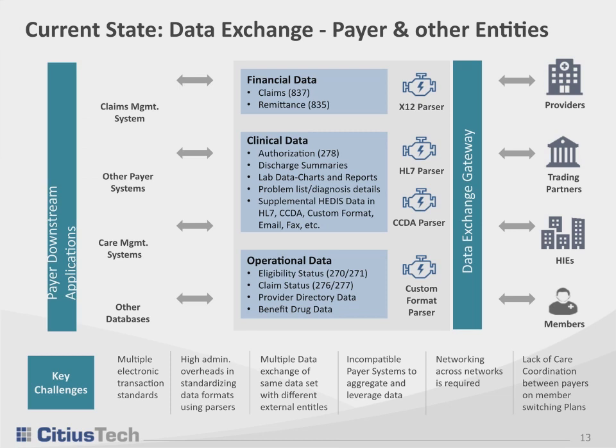Okay, here we are. Let's see the current state of art of payer data exchange with payer and the other entities. This schematic flow shows the current state of the payer ecosystem while highlighting a few key challenges. Here we all can get aligned that the payer exchanges varied types of data like financial data, clinical data, operational data with external entities like members, providers, HIEs, trading partners, and others.